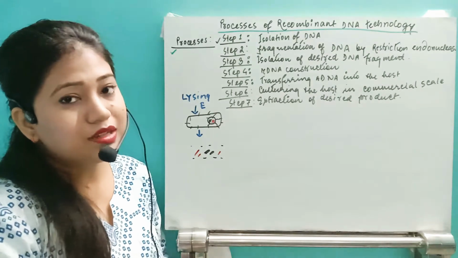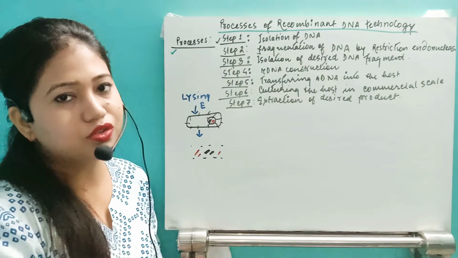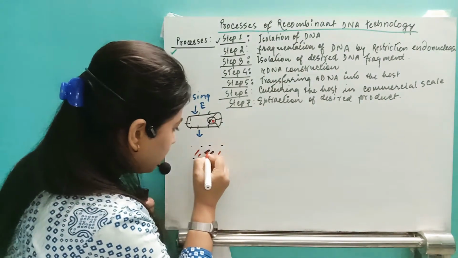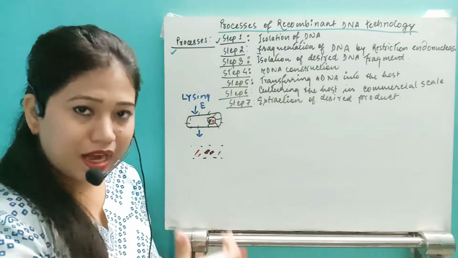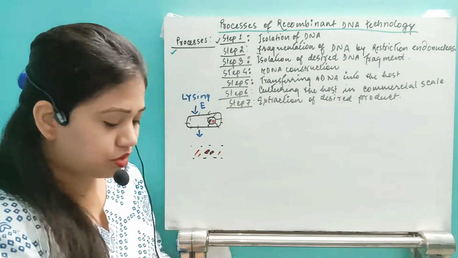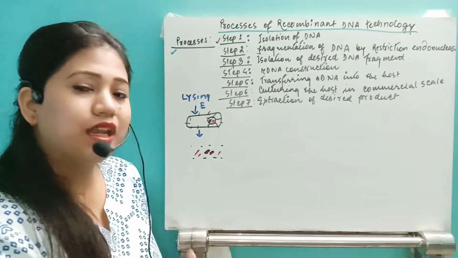How can we separate the DNA? Because whenever we separate the DNA, the RNA will also come, and the protein will also come, because the DNA is wrapped around the histone protein. So how can we separate only the DNA, not the RNA and the protein?